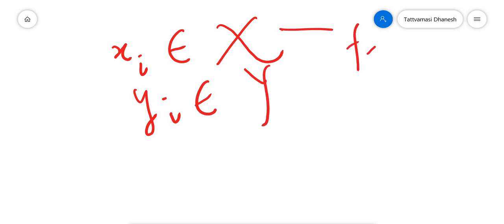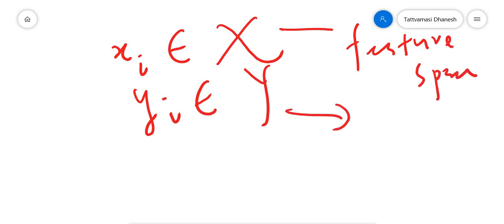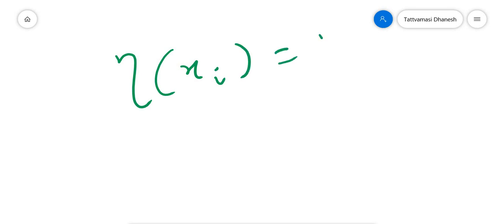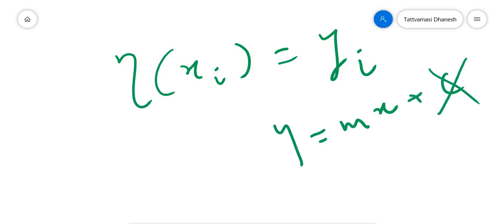This is the feature space, and this is the label space. We can write it as eta of Xi is equal to Yi. This is the simplest equation, like you can compare with Y is equal to mx plus c. Here c is not present. That's all.